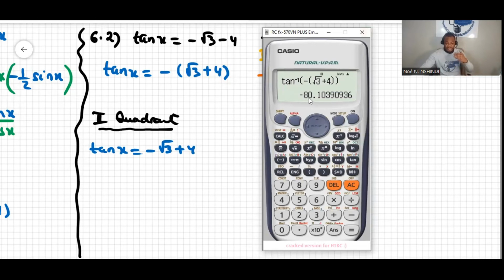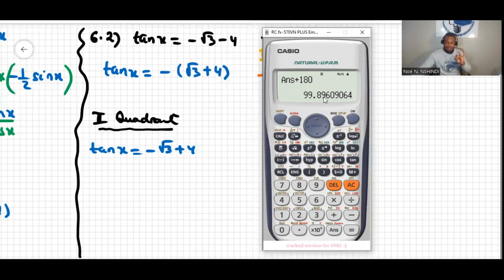So if I need to find the actual angle, we're going to add 180 degrees, and then this is equal to 99.9, 99.90, because we always round to the second decimal place, meaning when I look at the third decimal value, this 6 must be increased by 1 unit.